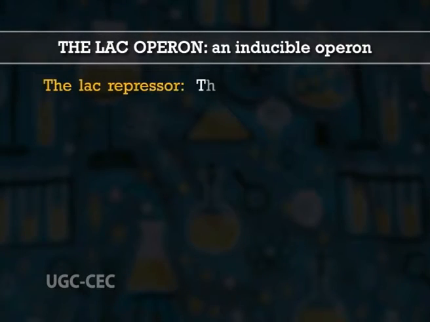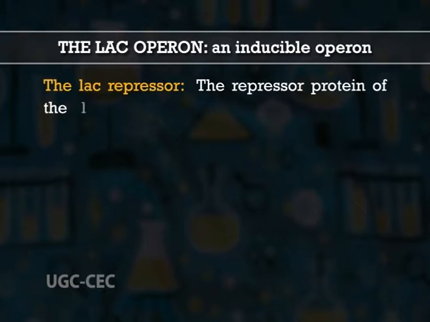The CAP binding site, on the other hand, is a positive regulatory site where a catabolite activator protein, or CAP in short, binds commonly in association with a cAMP molecule, and the binding helps RNA polymerase to bind to the promoter, promoting transcription.